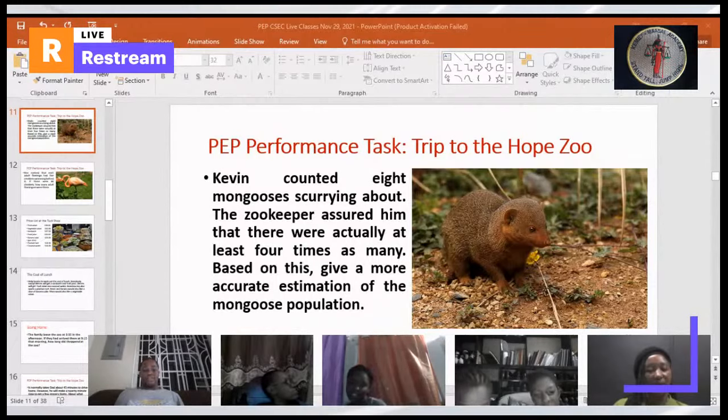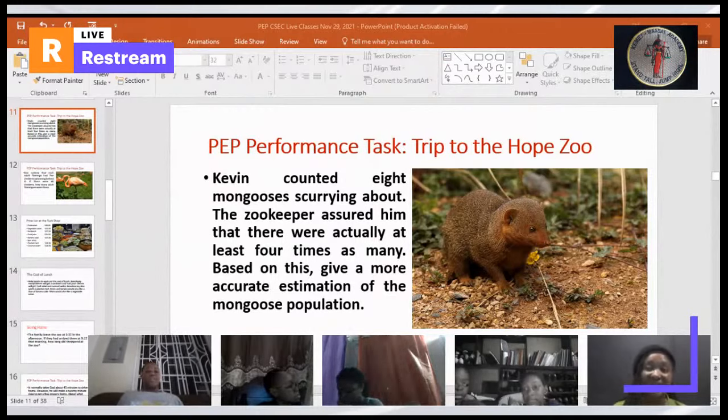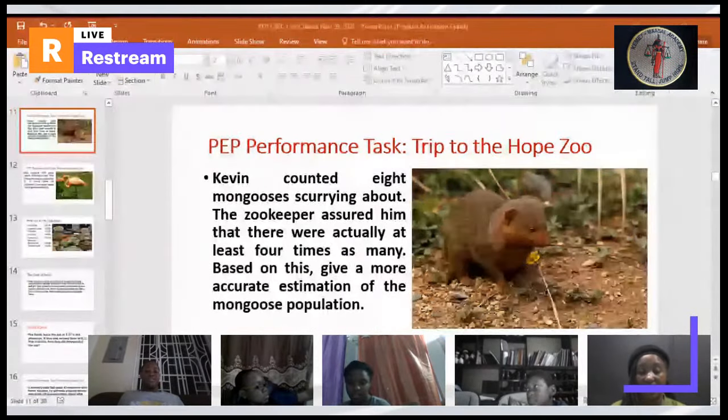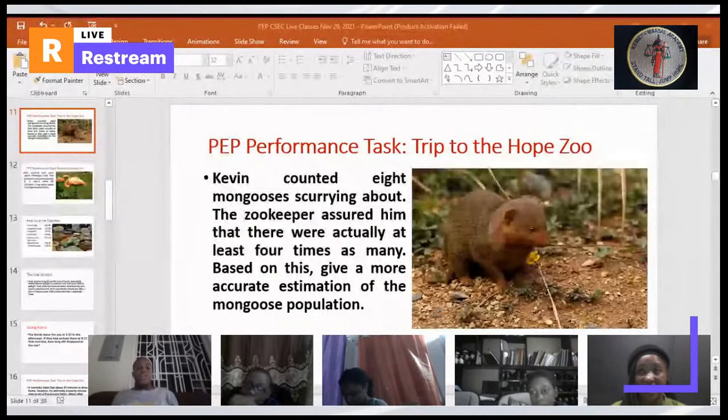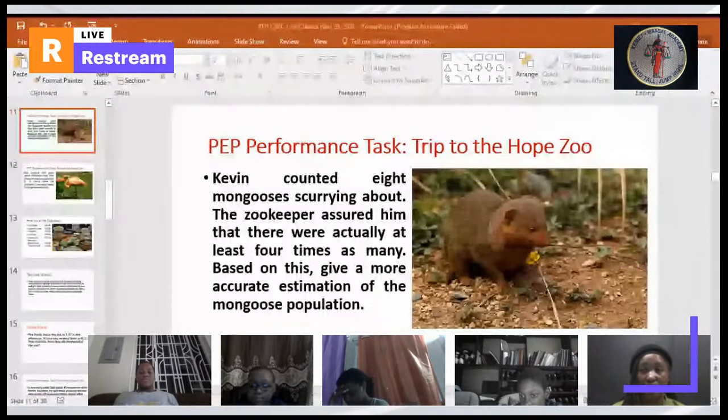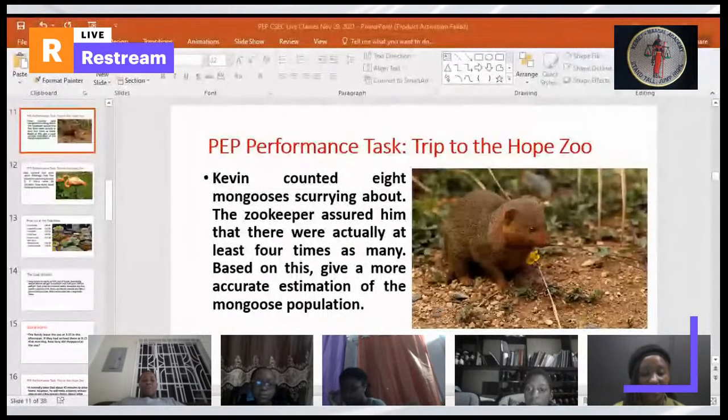Okay, so you rounded it off. All right, in the range. But he said at least 4 times as many, so it's 32 or more. All right, so my scholars are sharp like razors.